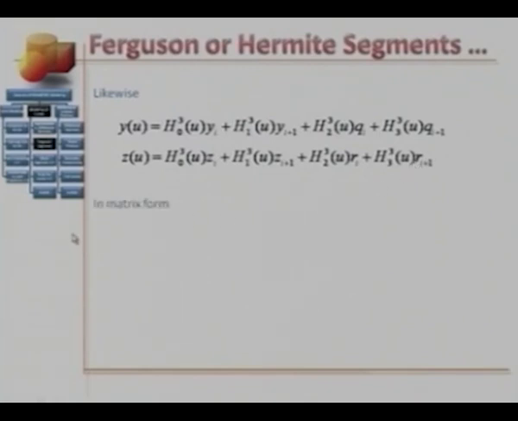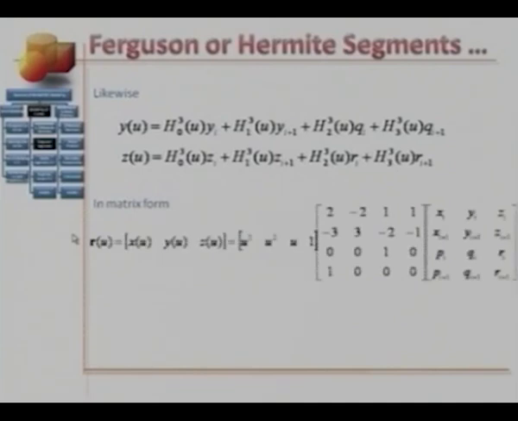In matrix form, I can combine all the information pertaining to the x, y, and z coordinates. In ordered form, x of u, y of u, z of u is r of u, the position vector of a point, and that will be equal to this 1 by 4 matrix u cube, u squared, u and 1.